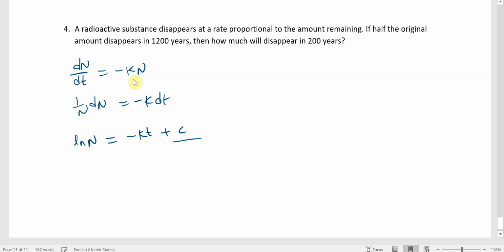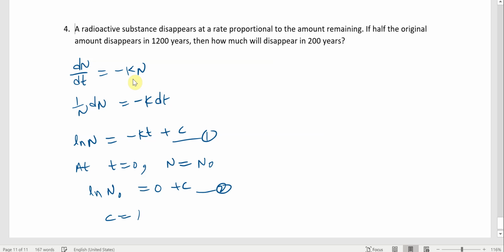These steps are common. Next at time t equals 0, this also we will take like that, always time 0 starting. If half the original amount disappears in 1200 years, that means initially how much is not given, so say n naught. So after substitution, ln n naught equals 0 plus c, c will be ln n naught.